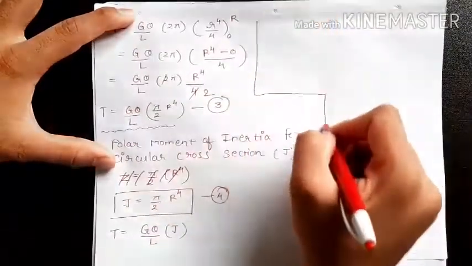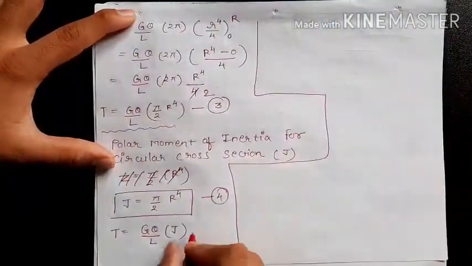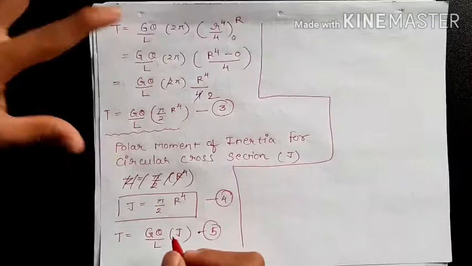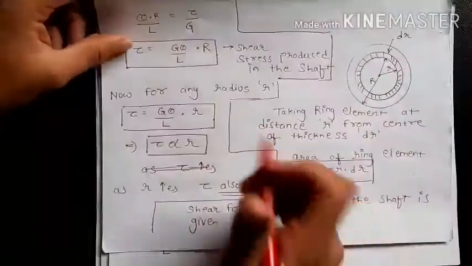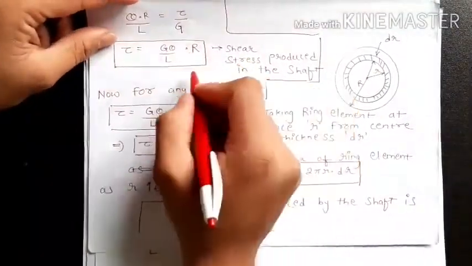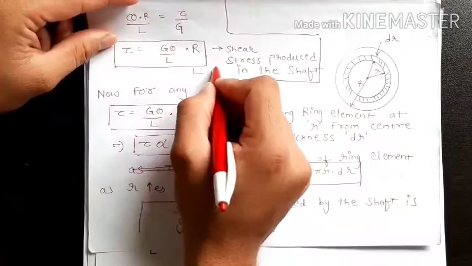Okay. So now this is equation number 5, and earlier we obtained an equation that is tau equals G theta by L into R. This is equation number, let me take 6.